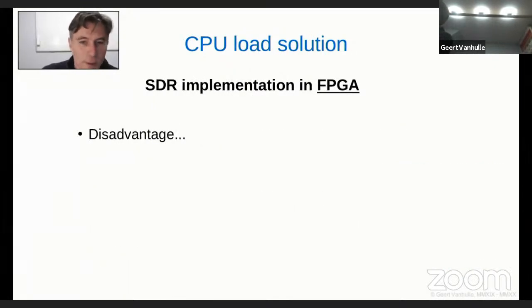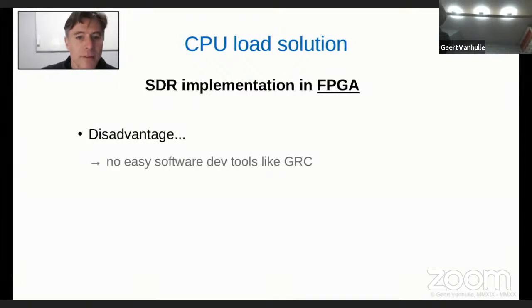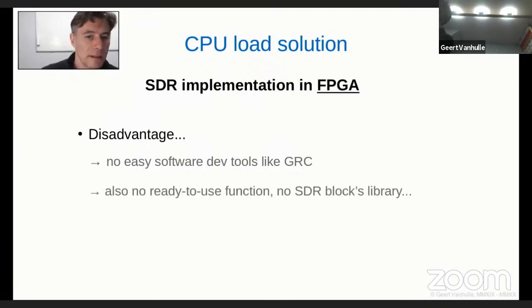Now, what is the disadvantage here? The disadvantage when we go to FPGAs is that we don't have these easy design tools like we have in a CPU setting like GRC and GNU Radio underneath.